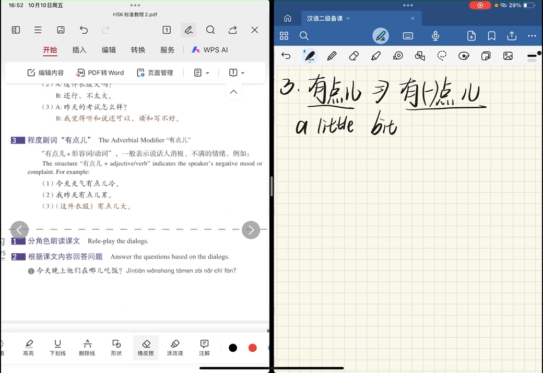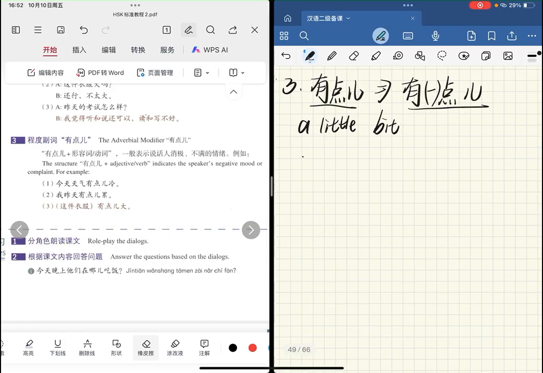The 有点 is followed by an adjective or a verb and indicates the speaker's negative mood or complaint. This structure usually expresses something that doesn't meet your expectation, often a slightly negative feeling.